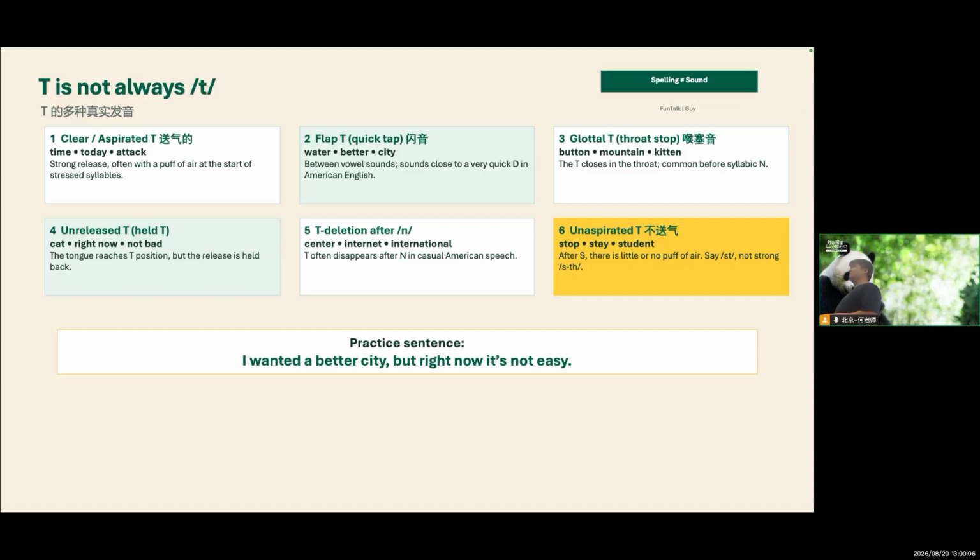Or 我是留学生. I'm an international student. International student. Okay, and unaspirated 不送气的. See, we say stop, stay, student. 这个 T 不是 stop, 不是 stage, 不是 student. Okay, stop, stay, student. Okay, yeah.